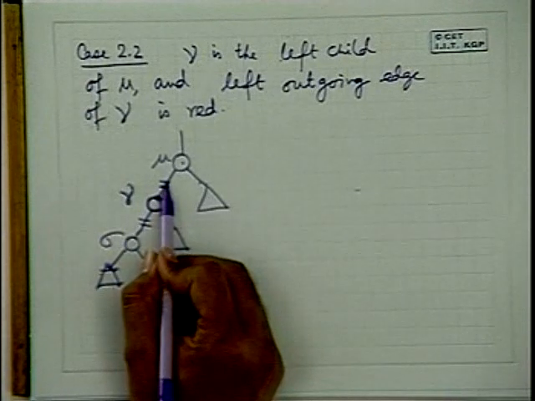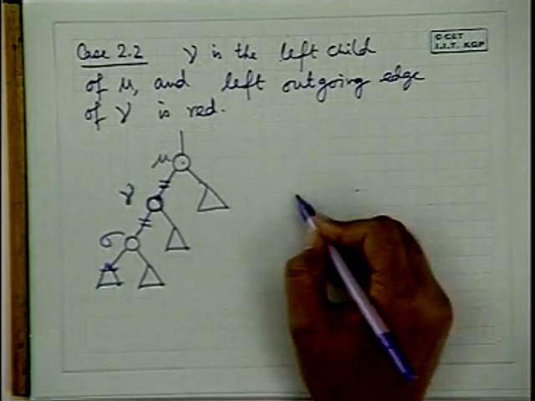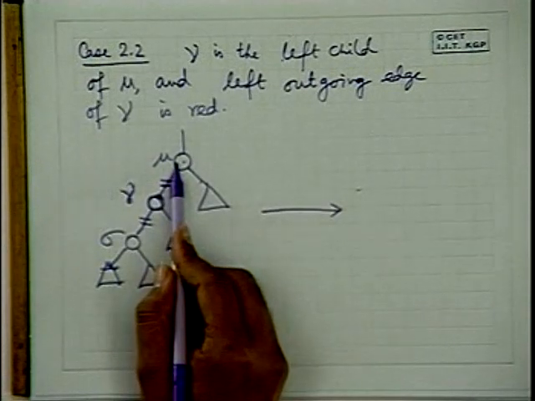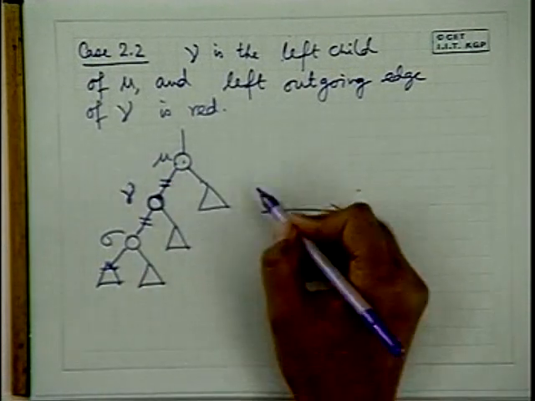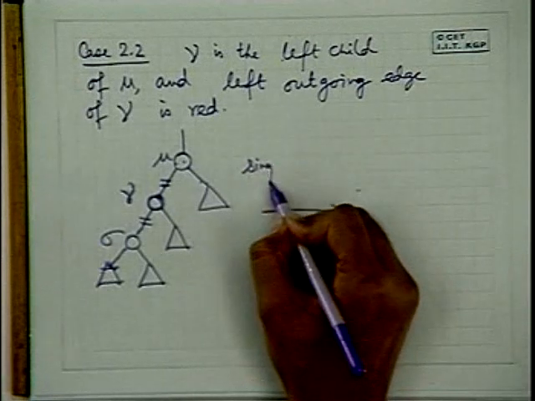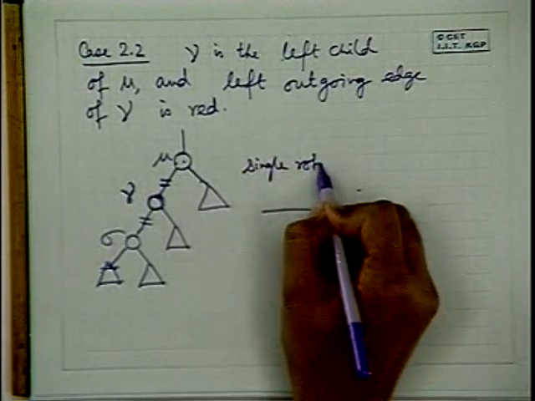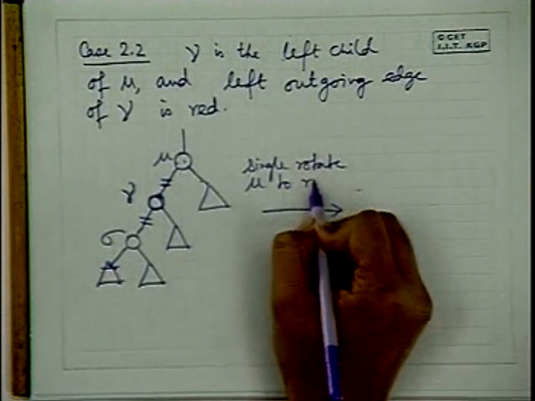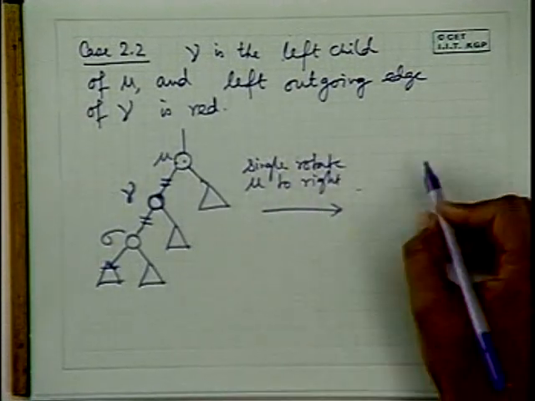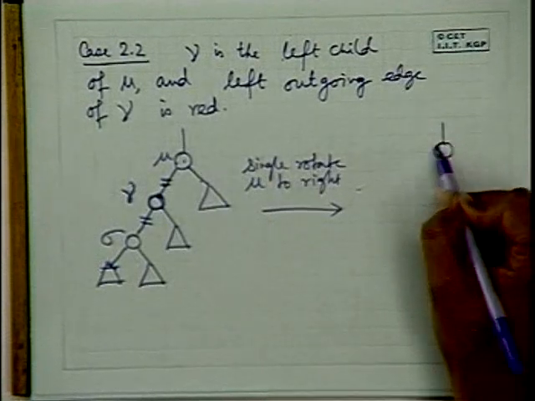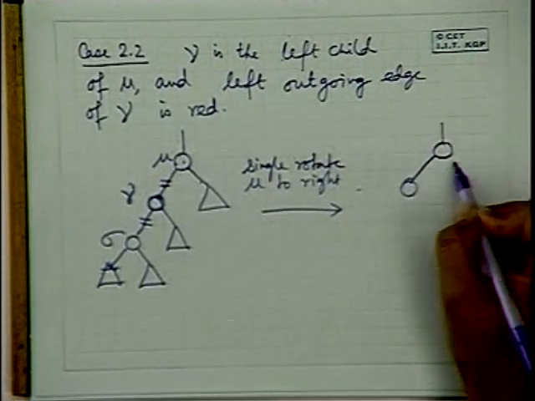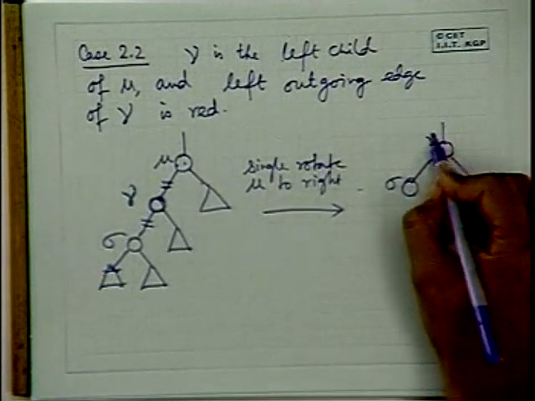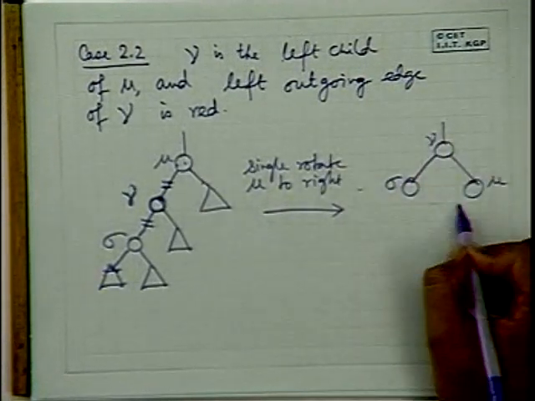Suppose this is red, then what do we do? We just do a single rotation of mu to the right. So if you single rotate that way, it will look exactly like this. Sigma will come, you will come here, this will be here.